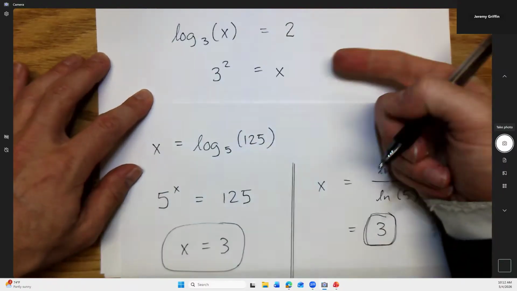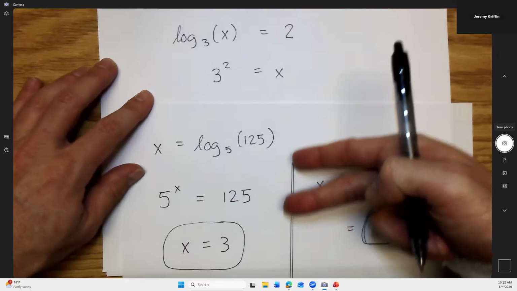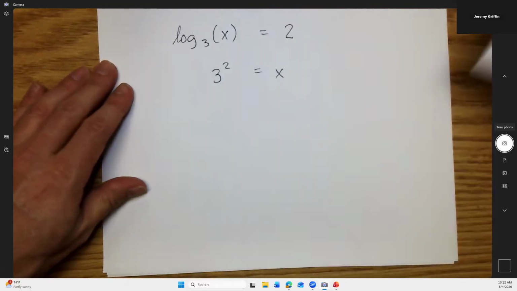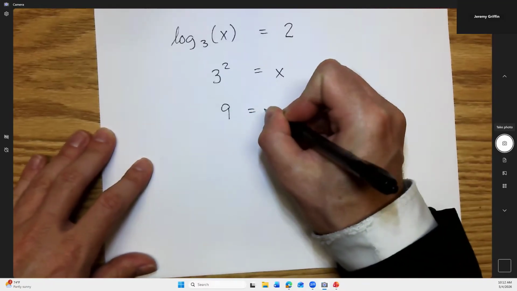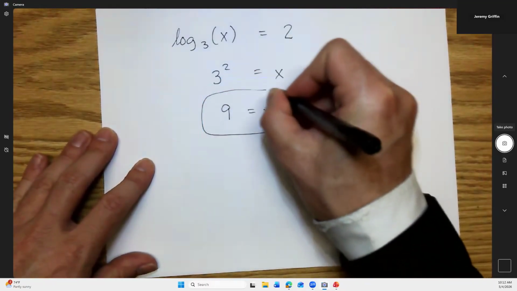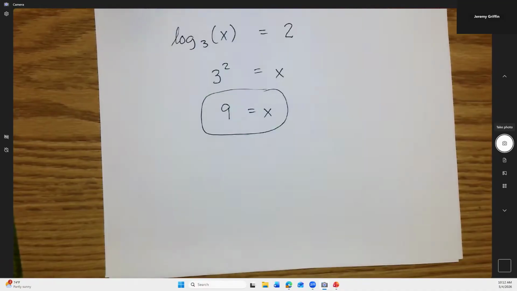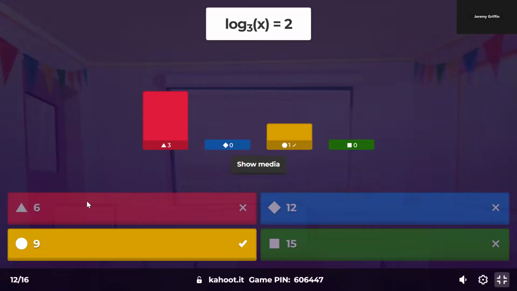Isn't that the translation we just did here? And this time, it's what we're looking for. That's the answer. If you ever hear the phrase roll the log in math class, it's referring to some version of that process.